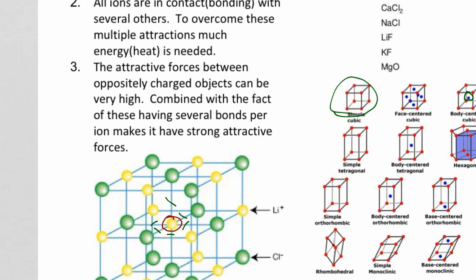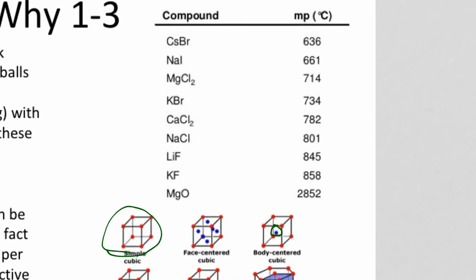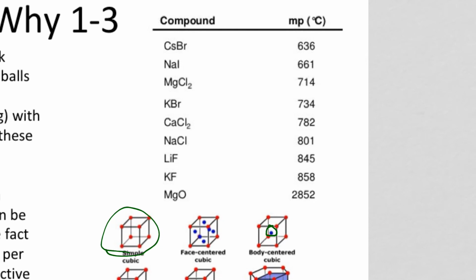Now, when we think of the third one, strong attractive forces between ions in 3D, that's a lot like what I was just mentioning with the idea of melting points. Now, if we look at just a couple ideas over here with the melting point, we can see that something like magnesium and oxygen has a huge melting point because of the fact that we have this ion, which is a 2 plus, attracting another ion, which is a 2 minus.